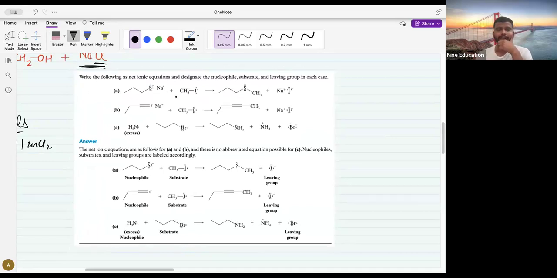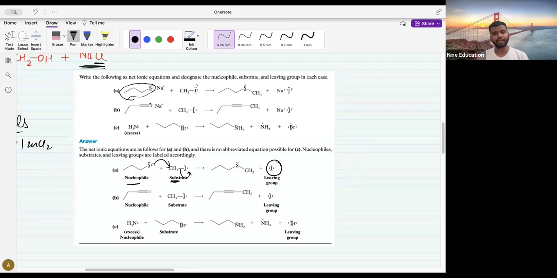Here we have an alkyl halide and a nucleophile with S minus. This S minus will attack the carbon and remove I minus, and combine with CH3. This is our nucleophile, this is our substrate, and I minus is the leaving group.